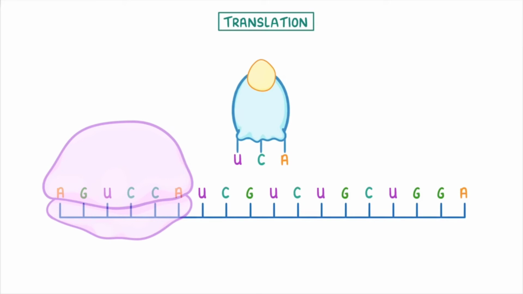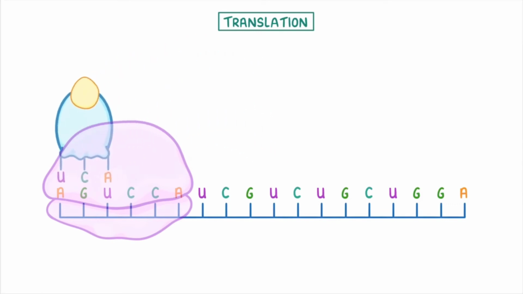For example, the first triplet of the mRNA sequence, AGU, will attract a tRNA molecule with anticodon UCA. This tRNA brings the amino acid serine because AGU codes for serine.